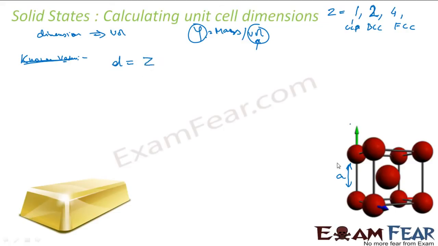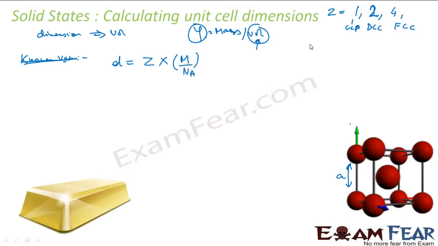Why Z? Because we are doing a general formula. If it is simple cubic, we'll put Z is equal to 1, BCC, Z is equal to 2, FCC, Z is equal to 4, like that. Z into mass of one atom. So mass of one atom is nothing but my molar mass M by Avogadro number, Na.